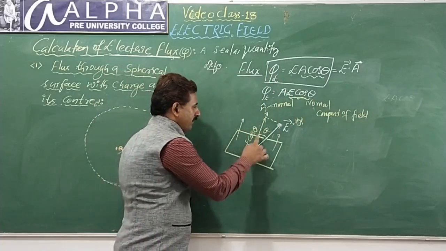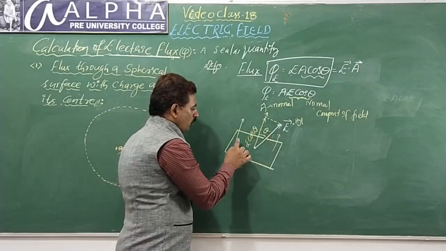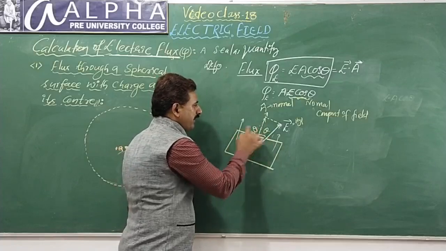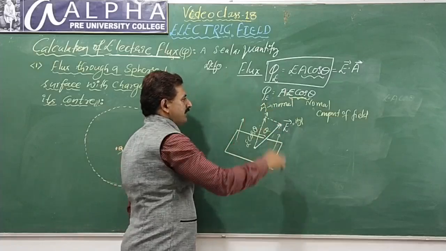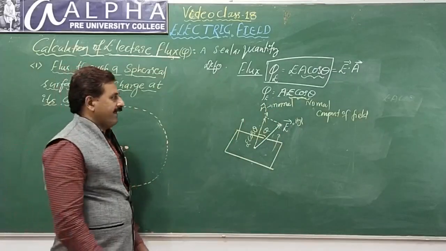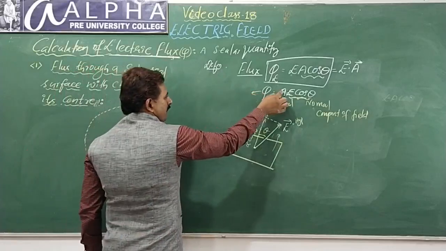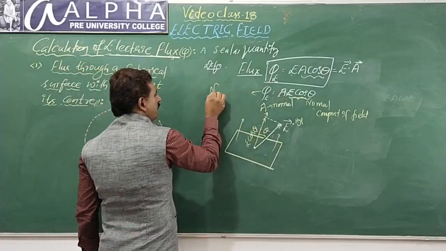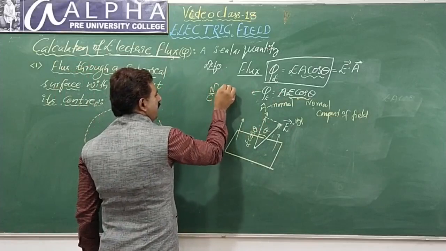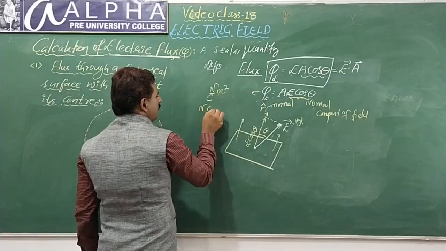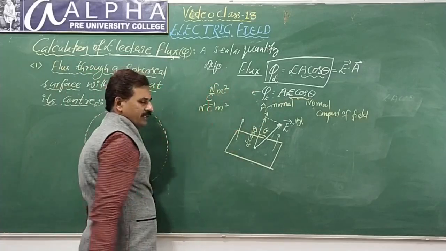Everywhere the electric field is along the normal, so at one point the value is E cos theta, over the entire area, into area. And I wrote the SI unit. What is the SI unit? Unit of electric field, Newton per Coulomb, into area, meter squared. So it is Newton per Coulomb meter squared.